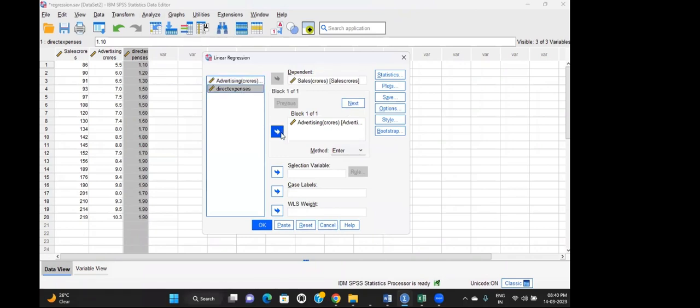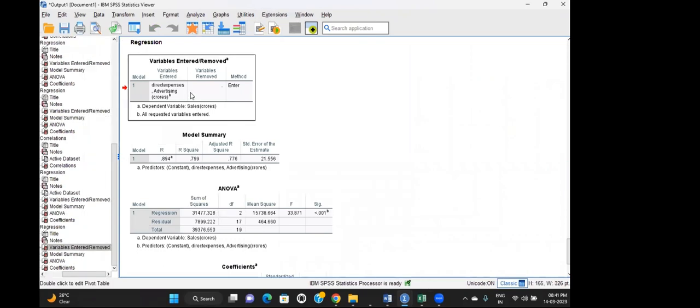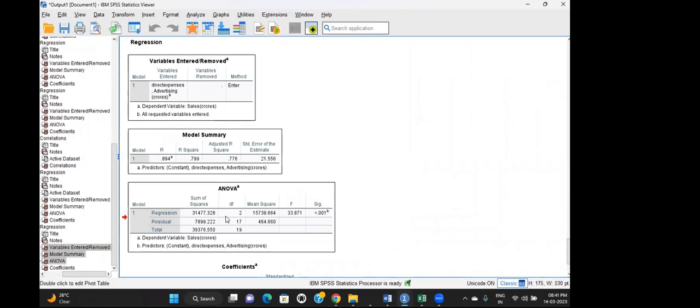And now you want to have more than one independent variable. So we click here and we put the advertisement and direct expenses in one place, right? And click on OK. You can see these are the tables that you have got. Let me take it to the other place to make it more clear.